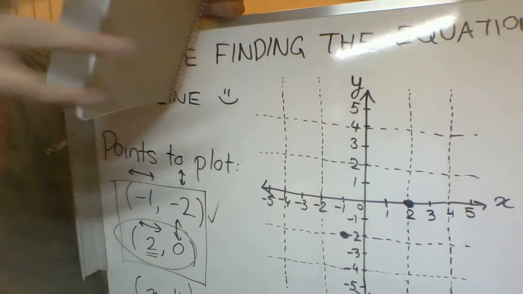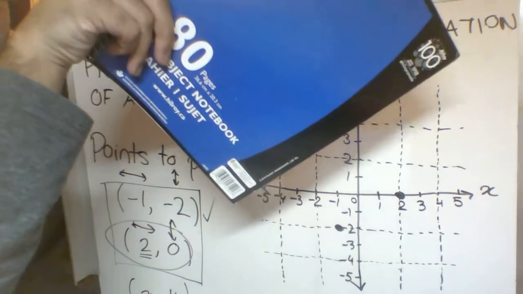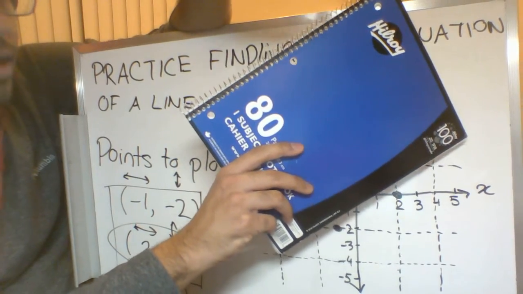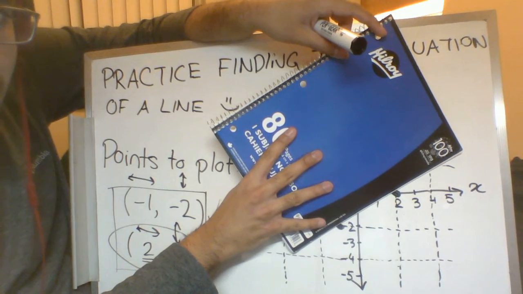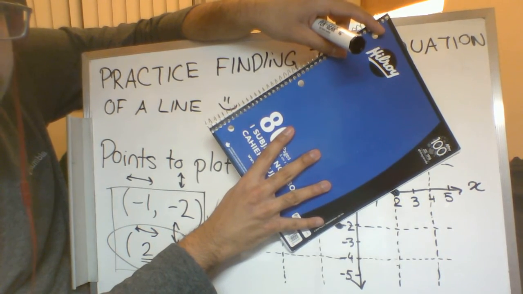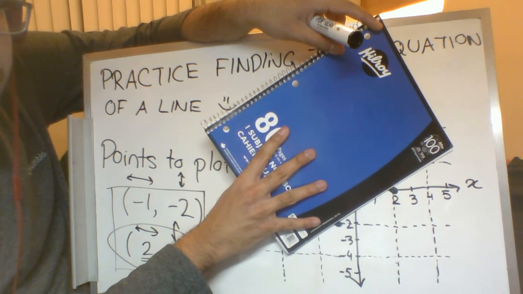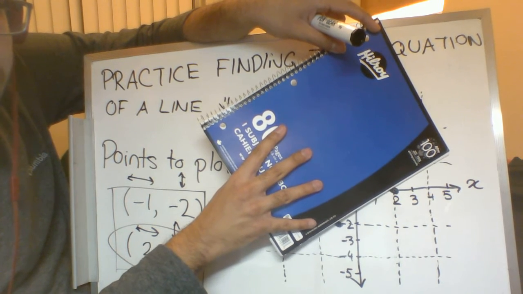So what we have here is, if I wanted to use this to draw a straight line, I'm not going to use it to actually draw the line, but if I just line it up with these 2 points, like that, then I could just extend my line to the edges of the notebook, which would reach basically the 2 ends of the graph. So I don't need to line it up with a whole bunch of points.